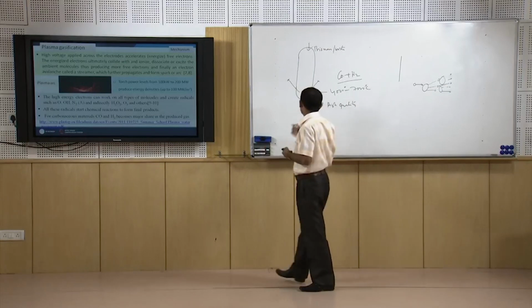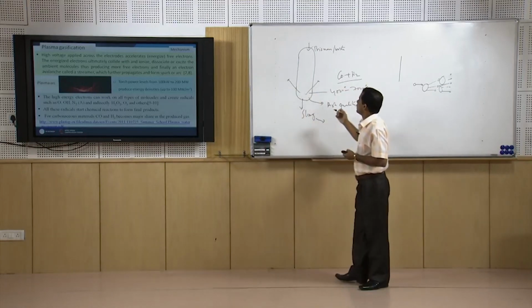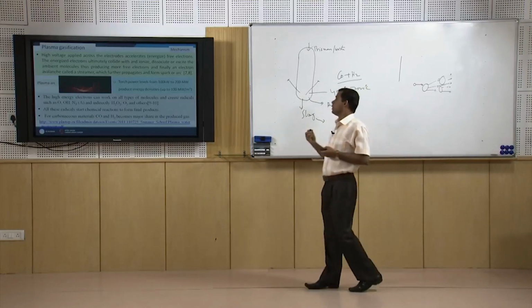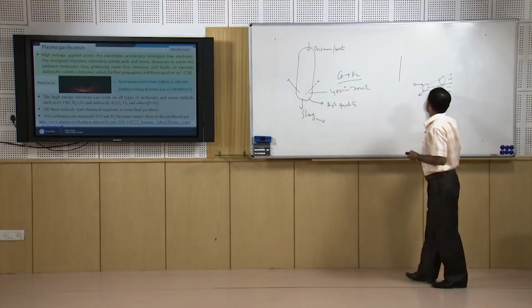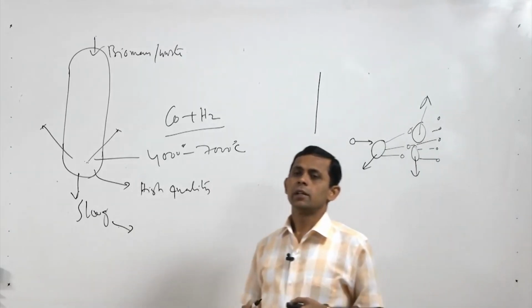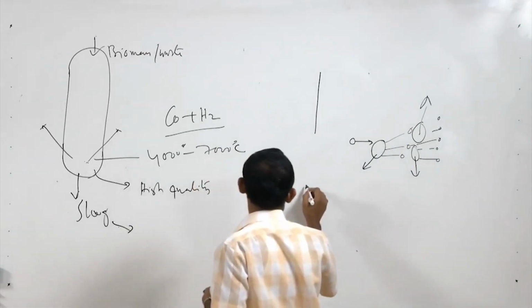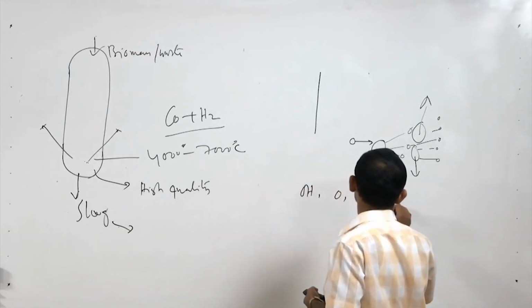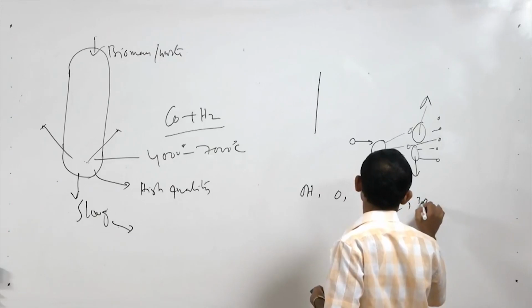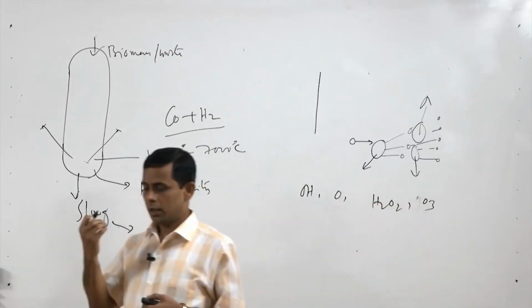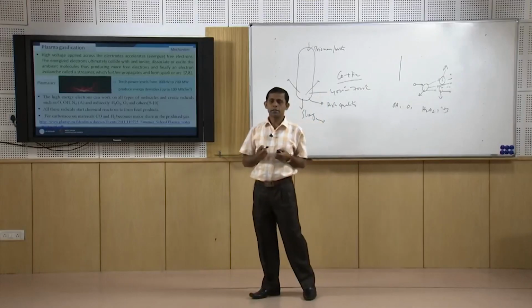And then this streamer, when more voltage is applied, will generate high temperature as well as produce different radicals from these materials, like OH, O, H2O2, and O3 can also be produced depending upon the severity of the conditions.